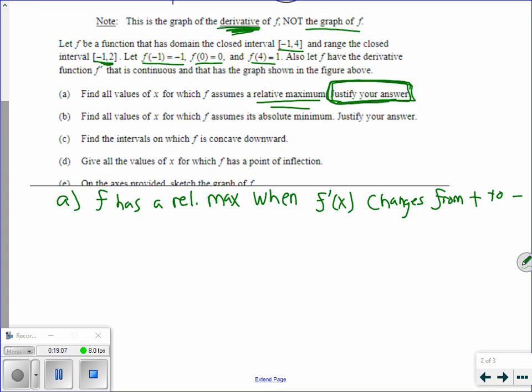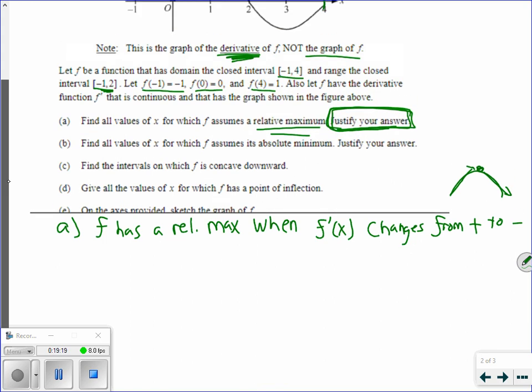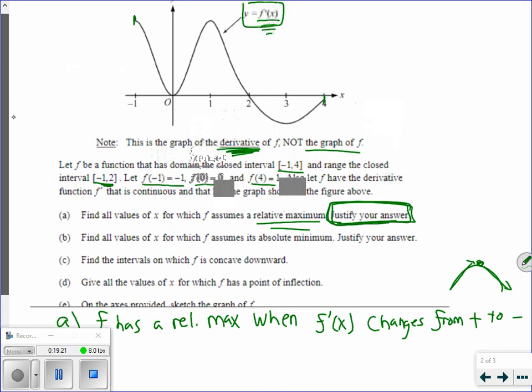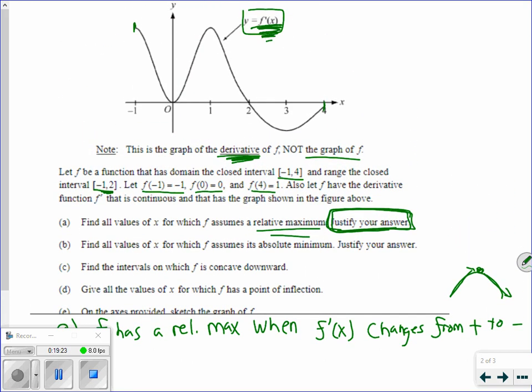Remember, if f prime is positive, it's increasing in the original function, and then it's decreasing when f prime changes to negative. So that makes a maximum. Well, let's look up above. This is the graph of the derivative, not the original function. That's a maximum on the derivative, not the original function.